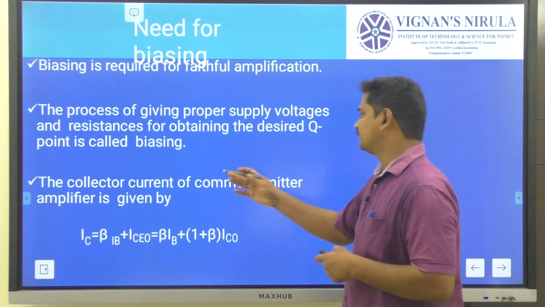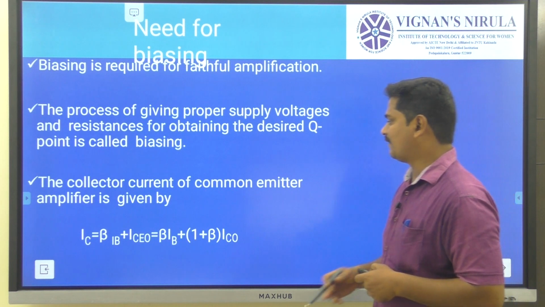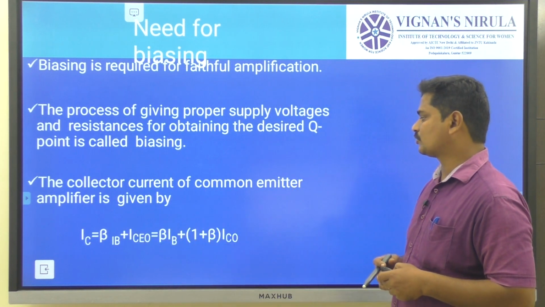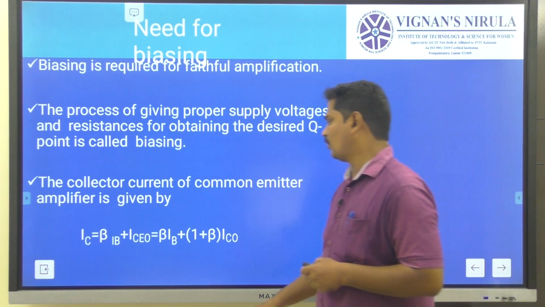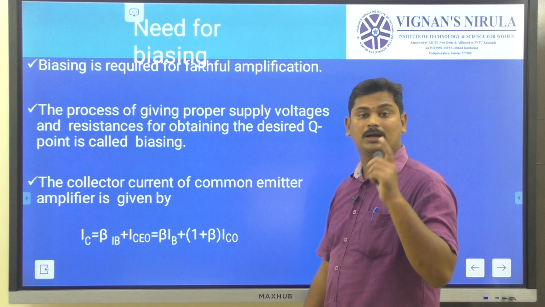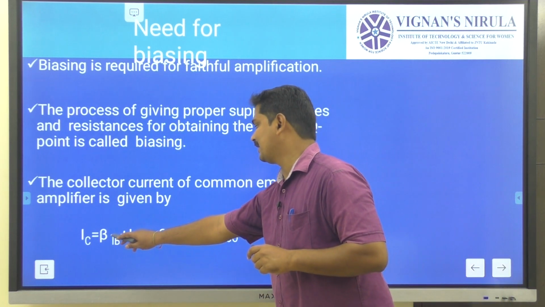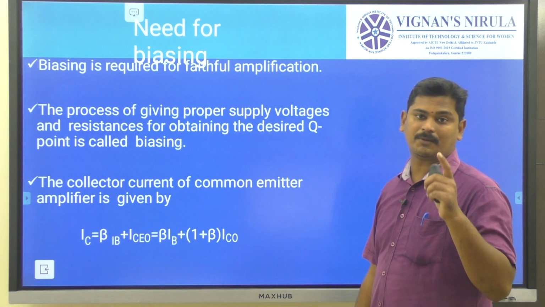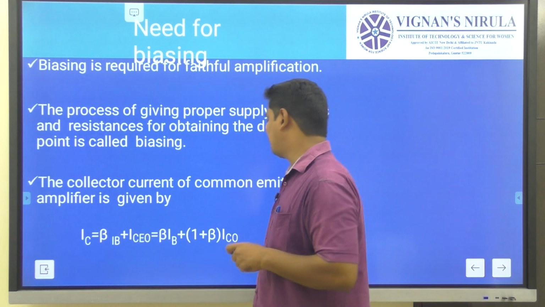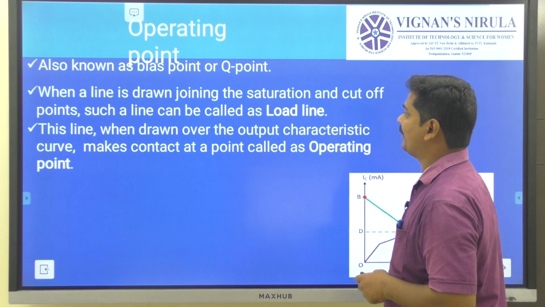The collector current of a common emitter amplifier is given by IC equals beta into IB plus ICO. Here ICO is the reverse saturation current, the current due to minority carriers, IB is the base current, and beta is the amplification factor.